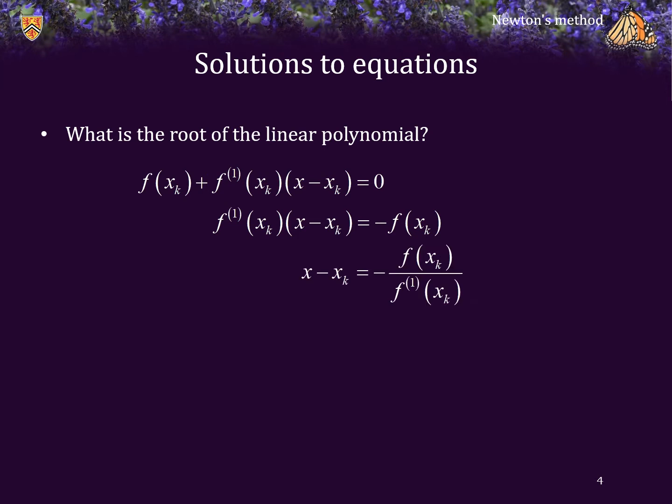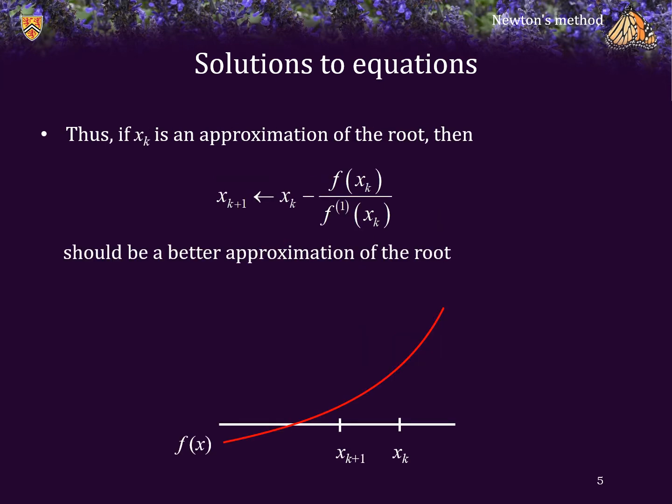All right, now to find the root, all we have to do is bring x sub k to the right-hand side, and this gives us that the root of that linear Taylor series approximation is the point x sub k minus the value of the function at x sub k over the derivative at that point. Consequently, if x sub k is a reasonable approximation of the root, then if x sub k plus 1 is assigned the algebraic expression on the right-hand side, then x sub k plus 1 should be a better approximation of the root.